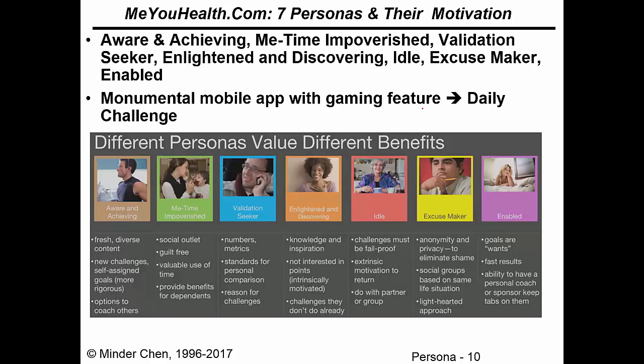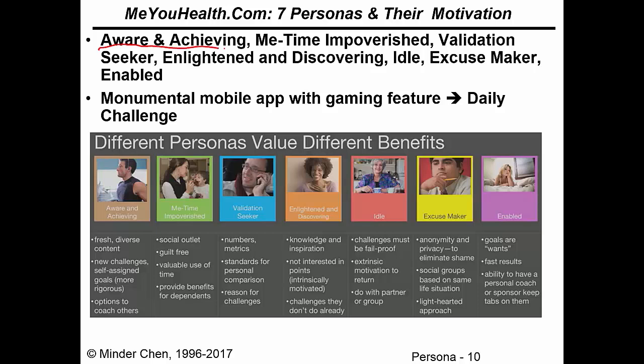There's a website called miyuhealth.com, and when they designed the website, they tried to build a system to help people be more healthy, to engage in health-related activity, exercise, etc. They identified 7 personas and also identified the motivation for these personas. They categorized the 7 personas into the following.